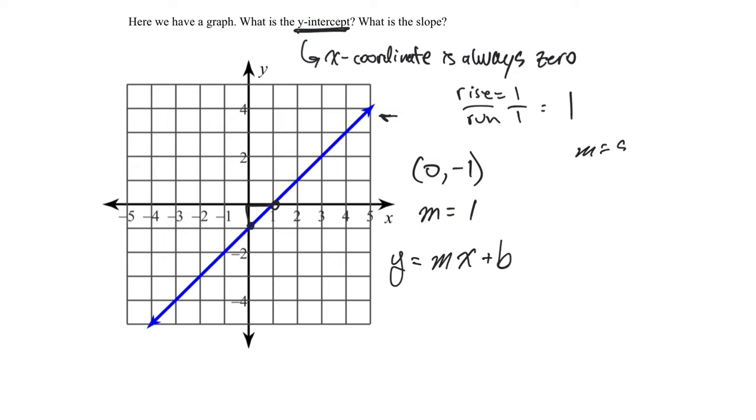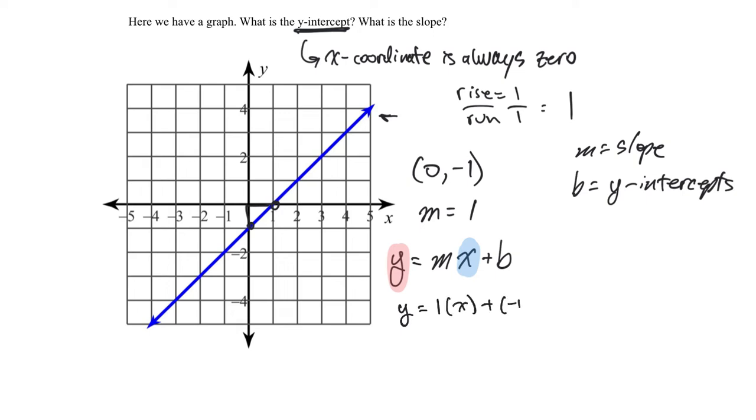Remember, m is slope, b is my y-intercept, and x and y are the variables that I use to find out the points on my line. So let's plug in what I know. I know I need y equals m, which is 1, times x plus -1. Let's simplify. y equals x minus 1.